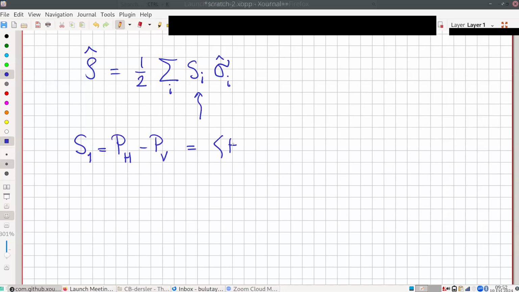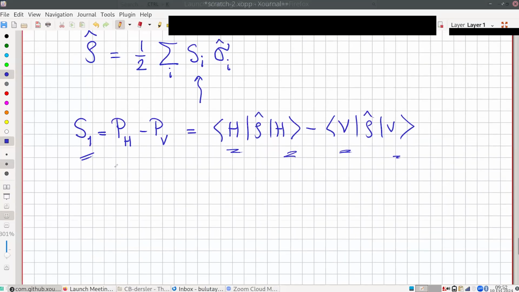That means your quantum state rho, horizontal minus vertical expectations. So if you want to extract this S1 parameter, you must do so many measurements to get this Stokes parameter as precisely as possible.